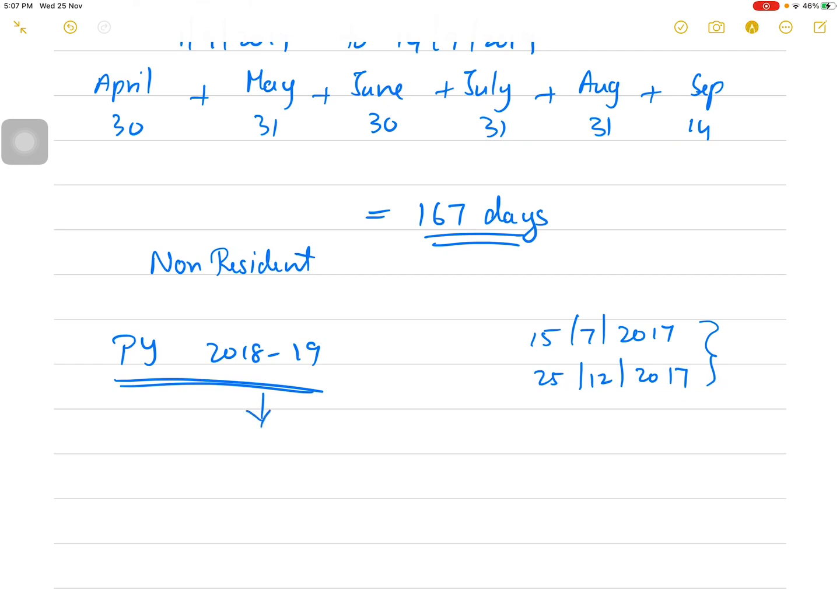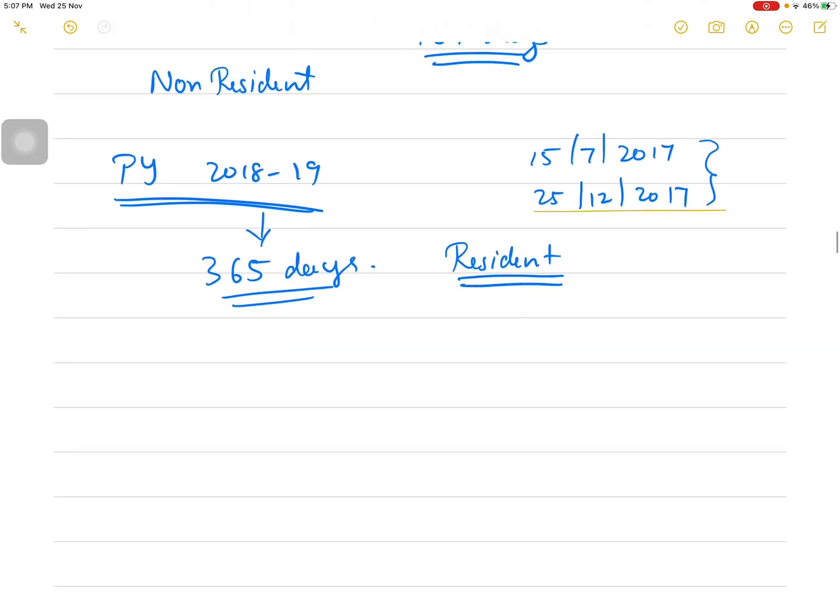So his stay in India is 365 days. So he satisfies the first basic condition. His stay in India during the previous year 2018-19 is 182 days and more. So he is resident.